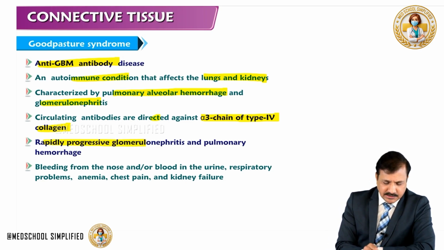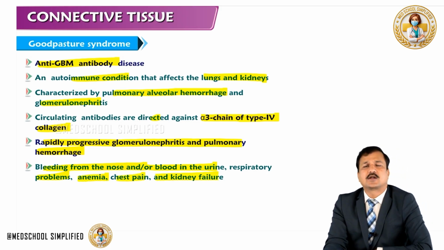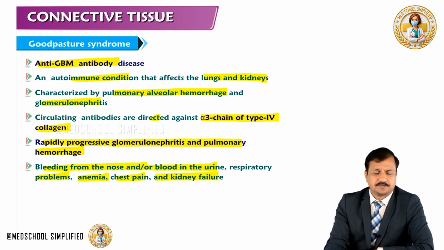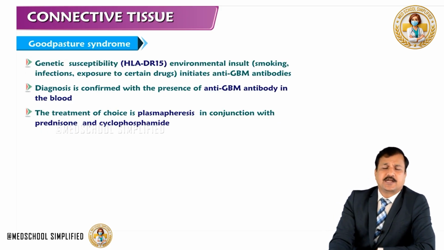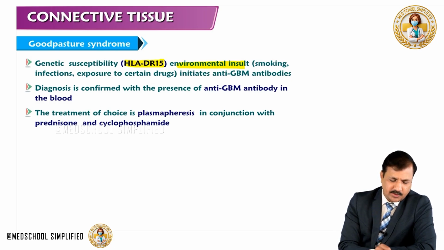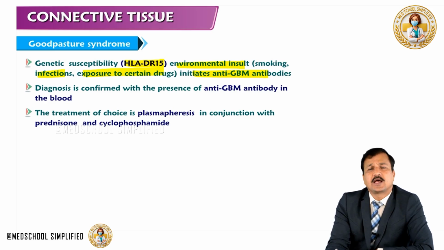So rapidly progressive glomerulonephritis and pulmonary hemorrhage is seen: bleeding from the nose, blood in the urine, respiratory problems, anemia, chest pain and kidney failure are the signs that we are going to see in Goodpasture syndrome. The genetic susceptibility is HLA-DR15, and environmental insults like smoking, infections, and exposure to certain drugs can initiate anti-GBM antibodies.